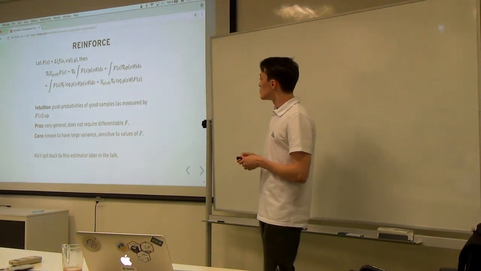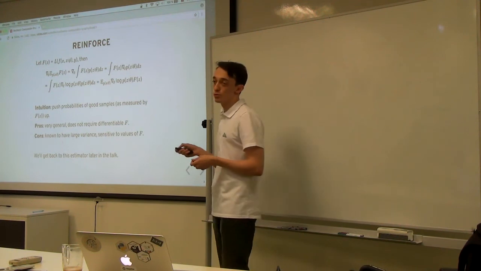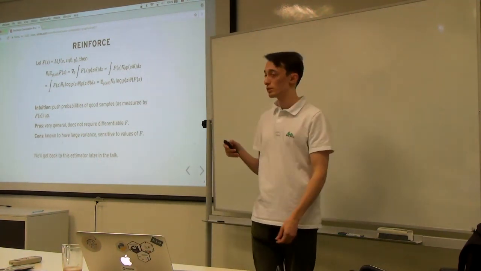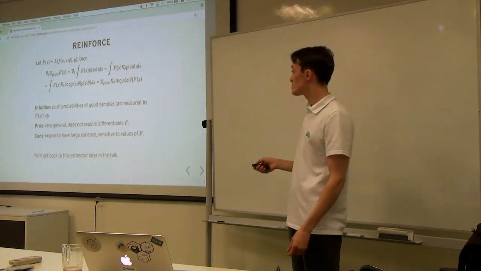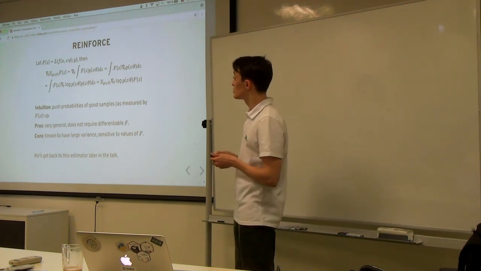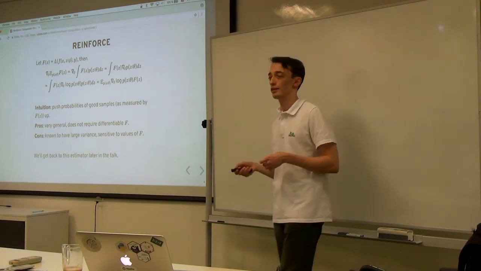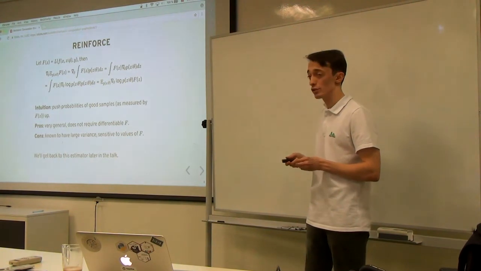So it's very general and doesn't need to know how to differentiate your f. However, people reported large and impractical variance of these estimators, and people don't use it in this formulation. Instead, they apply different variance reduction techniques that we'll talk about later.